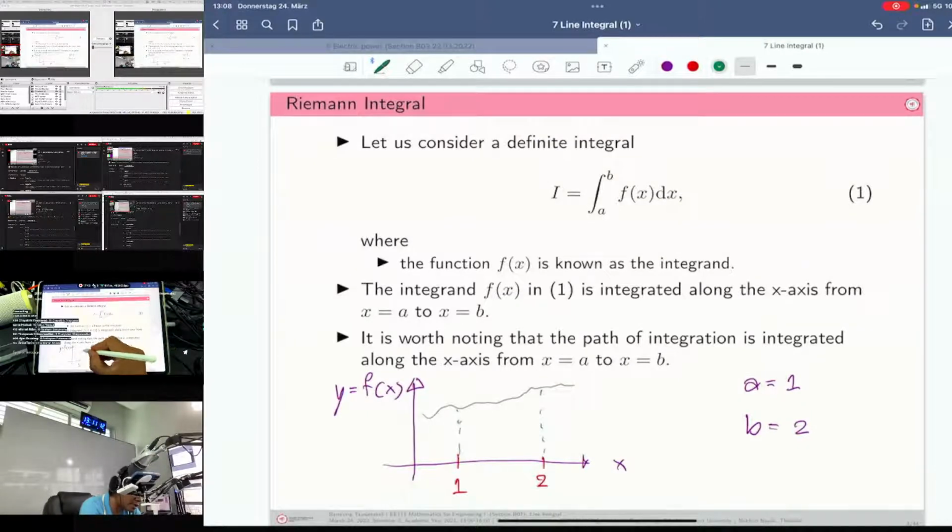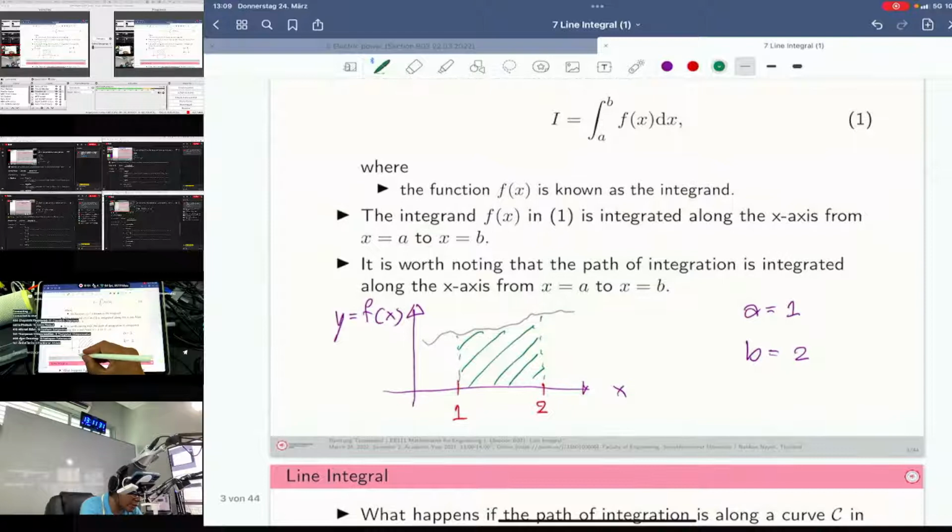It's the area under the curve, and that's the Riemann integral. Please note that x starts from point a to point b, and that's the typical, conventional way you have seen in calculus.